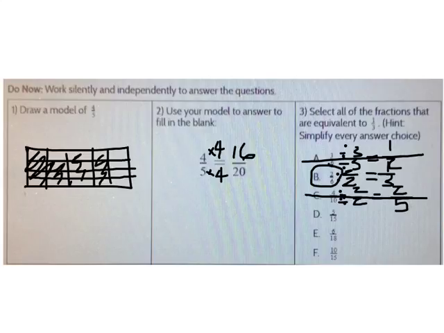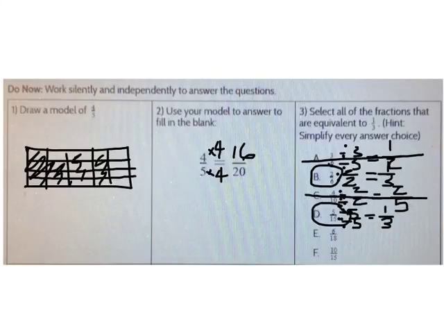Take a look at D. 5/15. Is that in simplest form? No, it's not. What's the largest number that goes into both 5 and 15? It's 5. When I divide both 5 and 15 by 5, what's my new fraction? It's 1/3. Is D a correct answer?